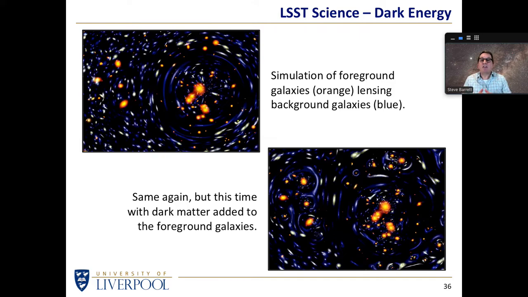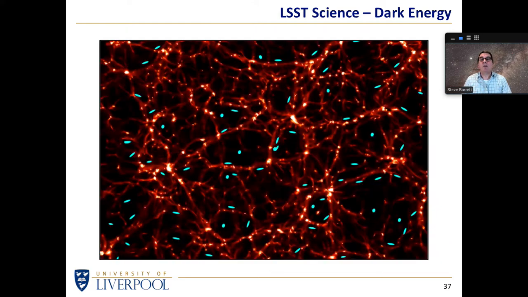So if the LSST looks at lots of distant galaxies and we look at the distortion of the more distant galaxies beyond them, then we'll get an idea of where the dark matter exists. And if we do that as a function of distance, which is in effect a function of time, we'll get a handle on dark energy as well.